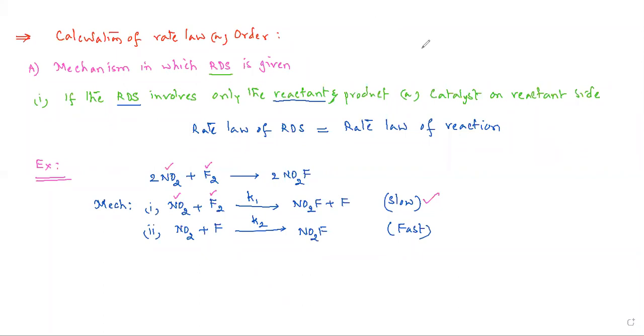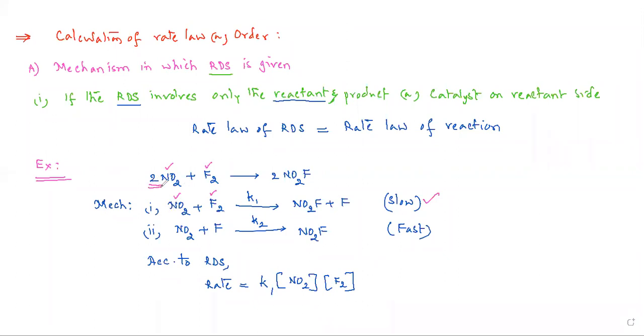Straight away, taking the RDS into consideration, rate law or rate expression can be straight away written as K1 into NO2 into F2. Simple. But look at this.